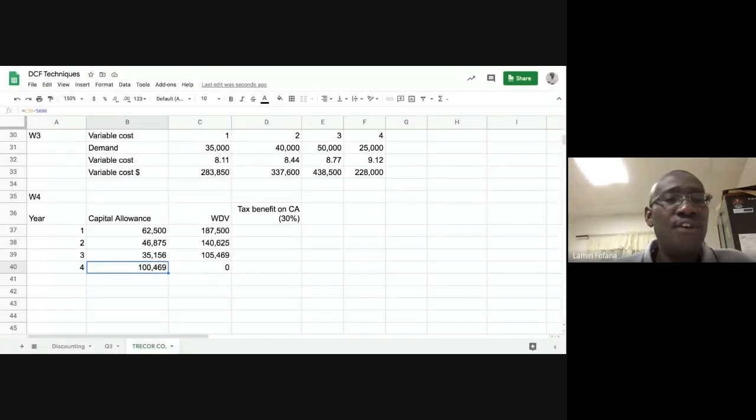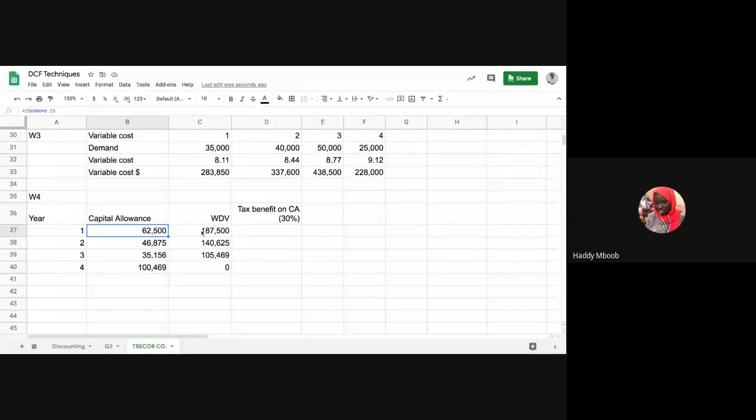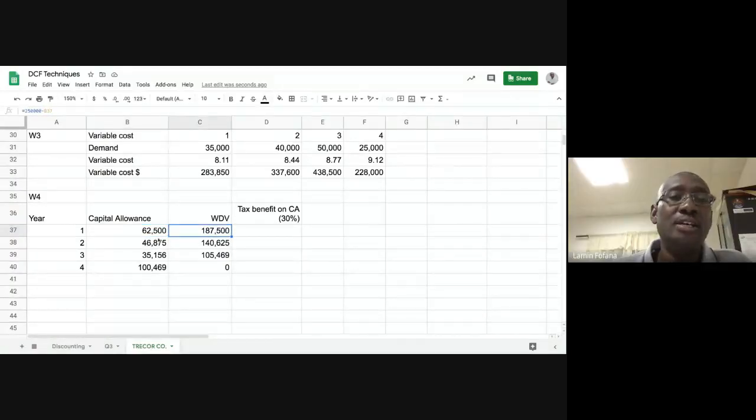Okay? So for year 1, you understood how we calculated the capital allowances. We take the full cost of the asset, multiply by 25%, gave us our capital allowance, which is the same as our depreciation using our reducing balance method. Okay? Yeah, that I understand. Okay, then you deduct the 62,500 from the 250,000 to give you 187,500. Correct? Then you bring forward that 187,500 multiplied by 25%. That gives you 46,875.